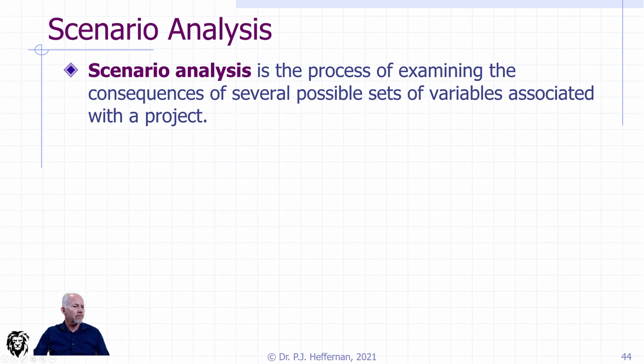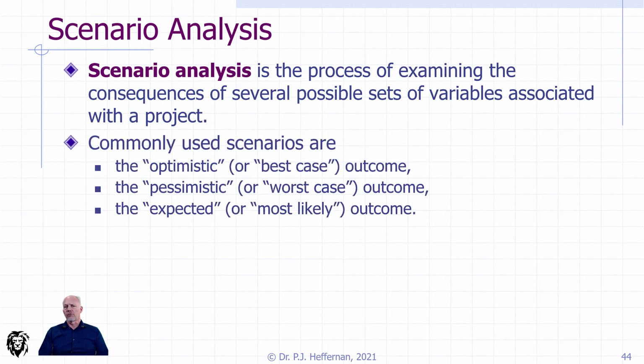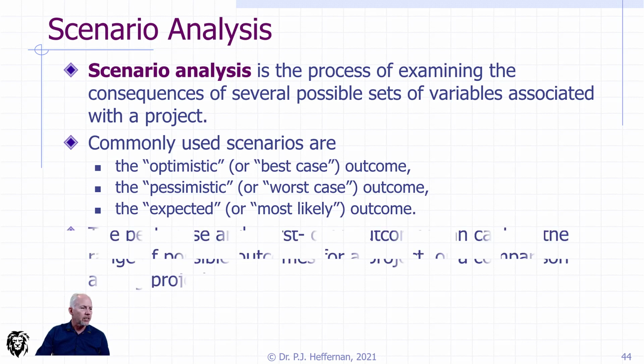Now, it's fairly common to use your most optimistic outcome, your most pessimistic outcome, and your expected. You're going to see these terms used again when we get into the PERT evaluations for time estimates and costings. So in this way, we're going to set up 3 scenarios and evaluate each of them, and then say, do we get different outcomes depending on which scenario we might achieve.